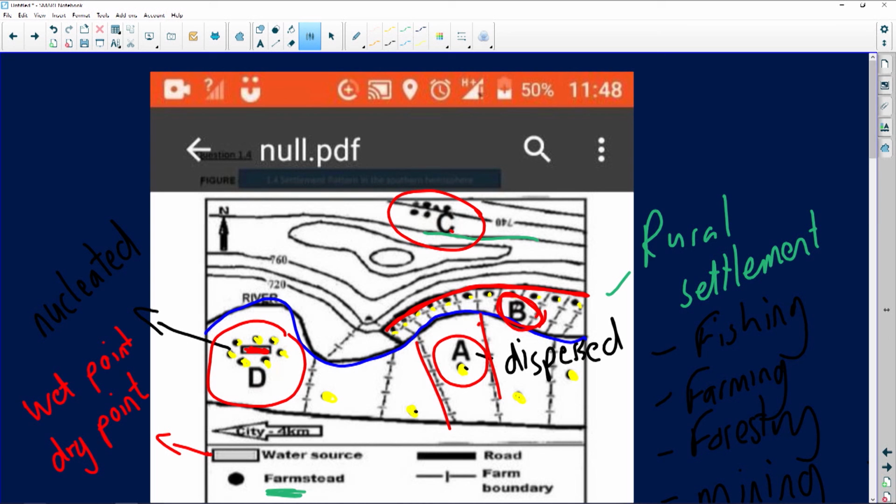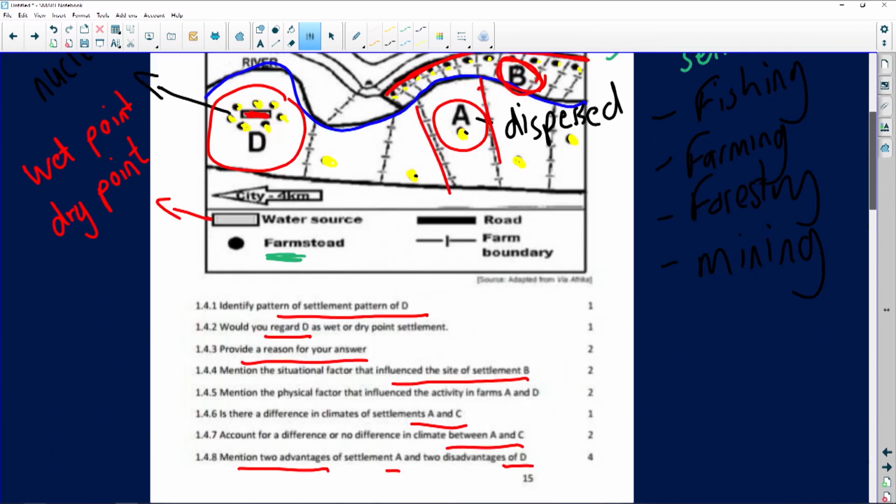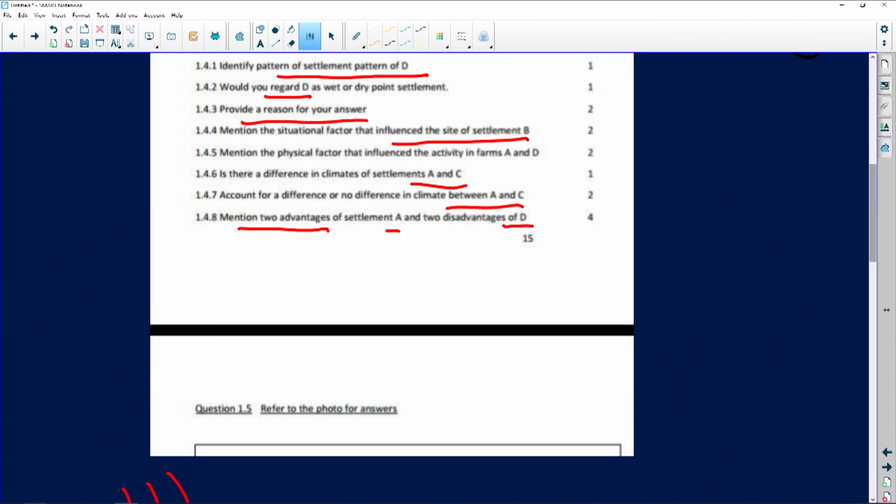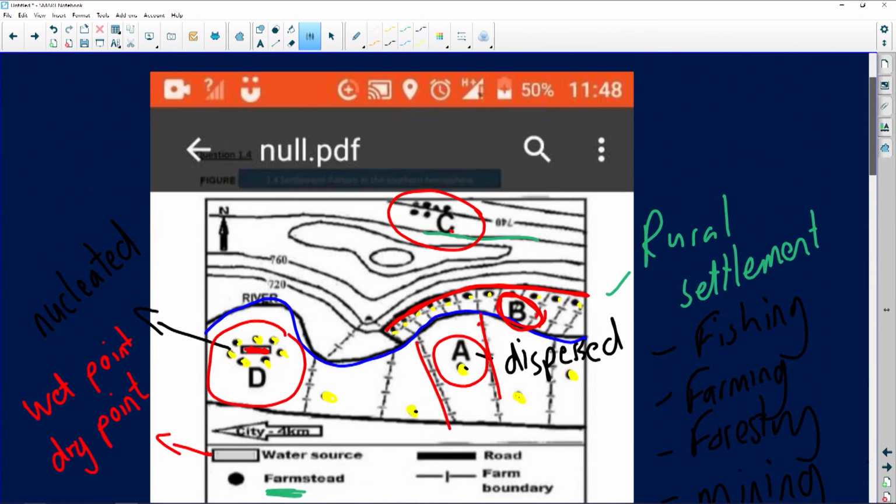Now, if we look at the next question, keep in mind both of these settlements have advantages and disadvantages. I've just mentioned the advantages of A. These questions might be vice versa, but a disadvantage for A, for example, is that it might be unsafe, because you are so far from your closest neighbor. Now, if you look at D, for instance, what are the disadvantages that we experience at D?